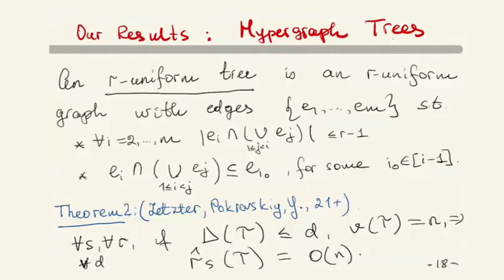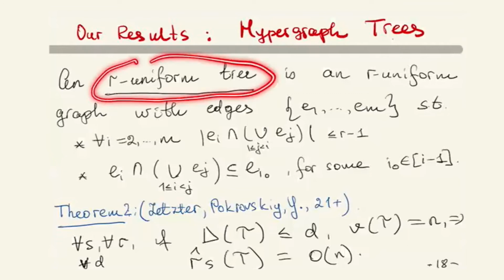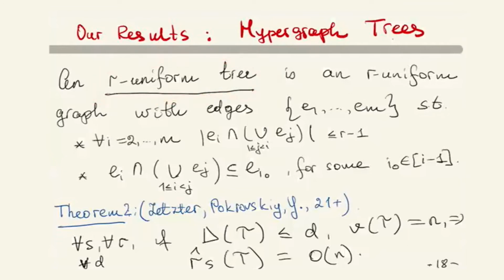So we define the r-uniform tree to be an r-uniform graph with edges e_1 to e_m, such that, and this is an ordered set, which is important, the intersection of e_i with all the previous edges must be of size at most r minus 1.